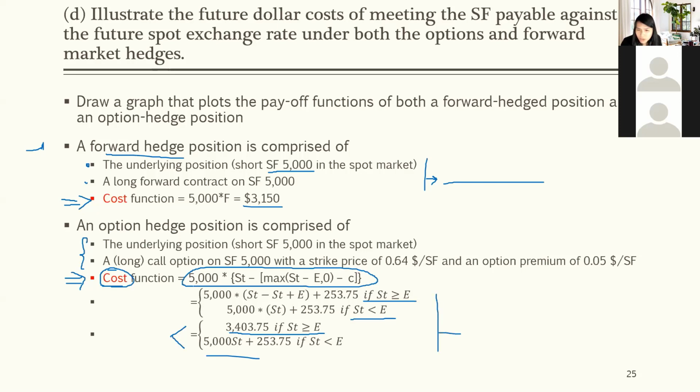Okay, so if you plot them on the graph, it will look like this. So it's going to be an upward sloping line up until E, which is 0.64. And then from here onward, it's going to be a flat line of 3,403. Okay.